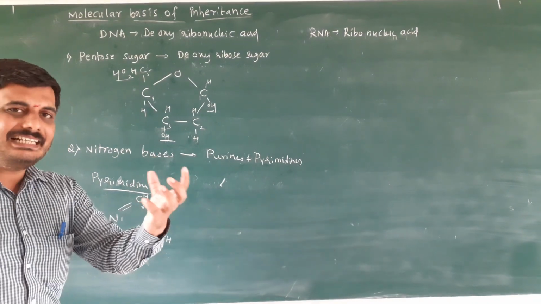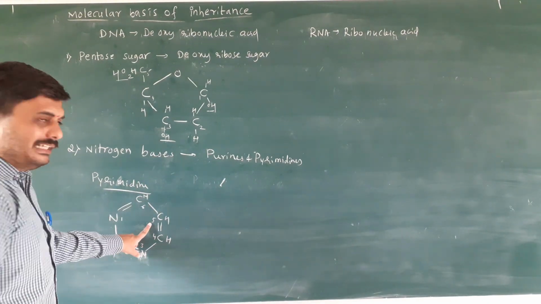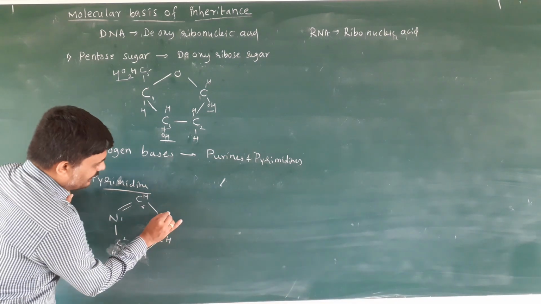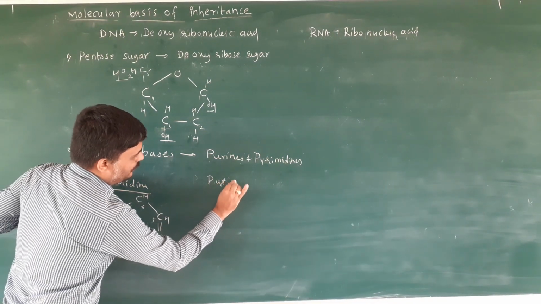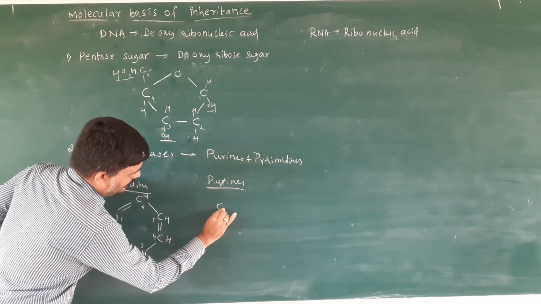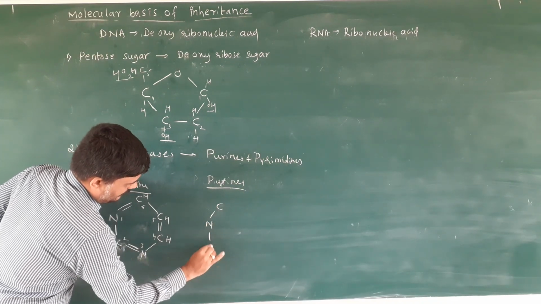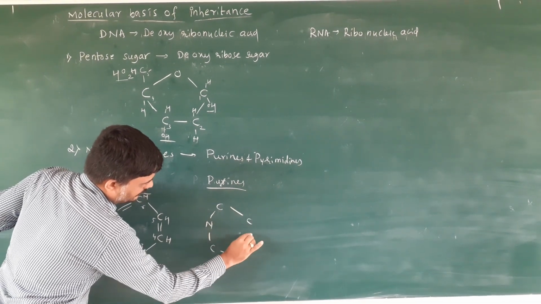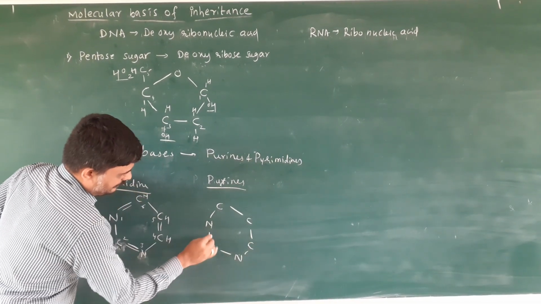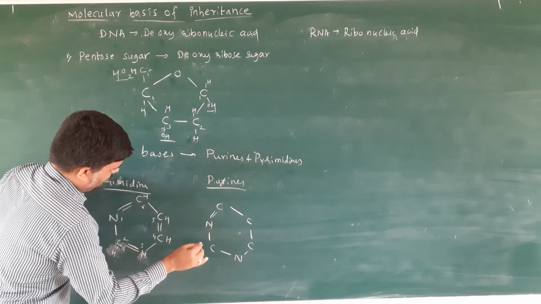Pyrimidines are single ring structures. To this single ring structure, the imidazole ring is added. See, again, the basic structure of purines: C, N, C, N, C, C. This is one double bond.